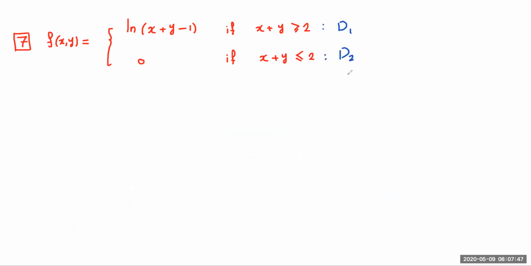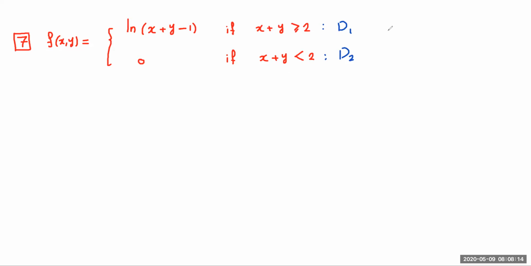So how to sketch D1 and D2? Here in the question, we must change something. There is a small mistake. We must write here x plus y greater or equal to 2, and here x plus y strictly less than 2. Okay.